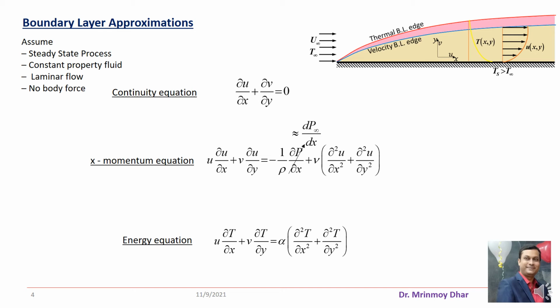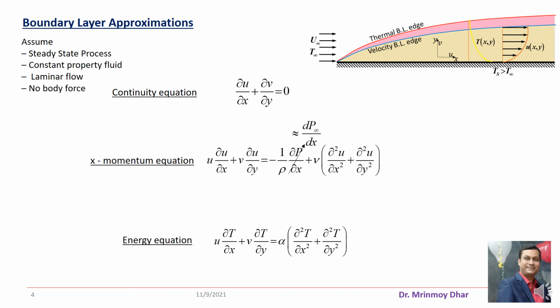If the case considered is a flat plate, then dp infinity dx comes out to be 0. There is no pressure gradient actually. When the case is like flow over a curved plate, depending on the geometry, this pressure gradient term will be there, and for flow over a flat plate this pressure gradient term will vanish.